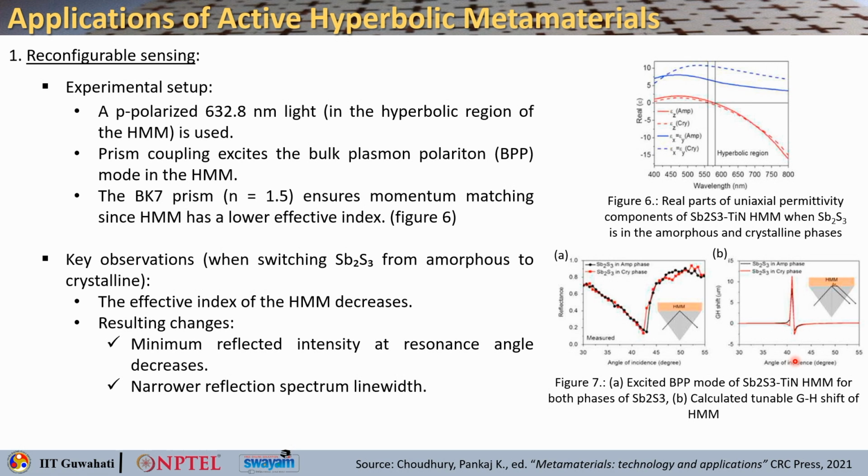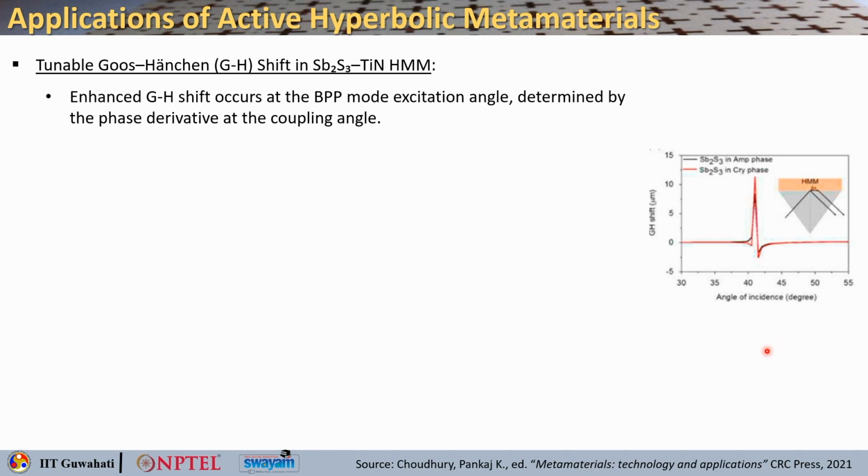So, the phase singularity at the coupling angle can be actively tuned by this antimony trisulfide, as the TE and TM polarized light phase difference shows a sharp singularity at this particular angle. So, this is how you are seeing this tunable Goos-Hänchen shift in this kind of metamaterial, right.